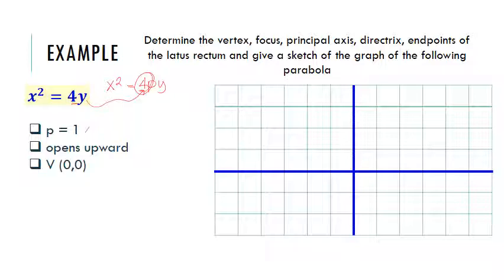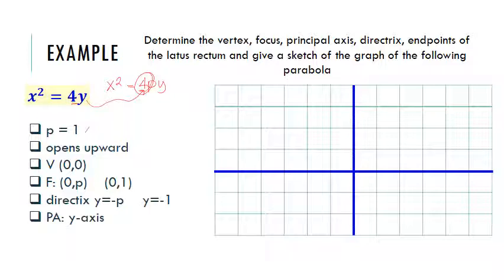Next, vertex is at (0, 0). Focus natin is (0, p). Our p is 1, so our focus is (0, 1). Directrix is y equals negative p, kaya y is equal to negative 1. Principal axis natin ay y-axis, kasama yan sa properties kanina. And the length of the latus rectum is 4p.